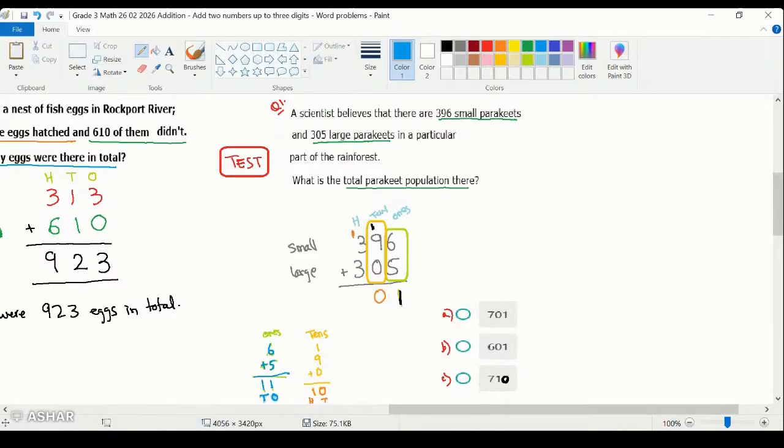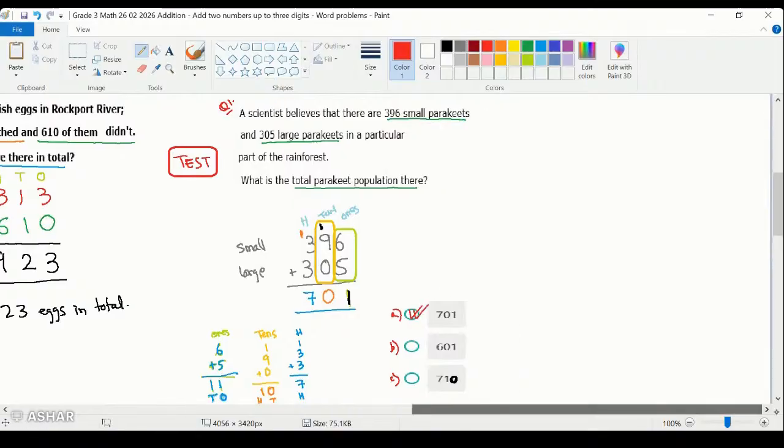Now if we add the hundreds, how many hundreds do we have? 1, 3, and 3. 1 plus 3 is 4. 4 plus 3 is 7 hundreds. Right? Thank you, May. Perfect. Option A is the correct answer. Right? Thank you. Let's try another example.